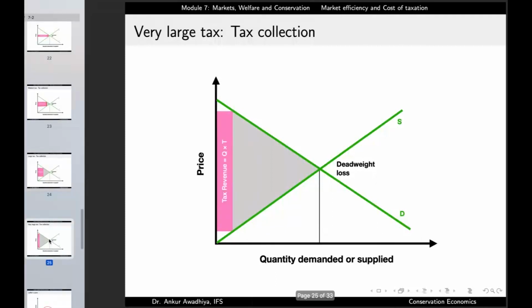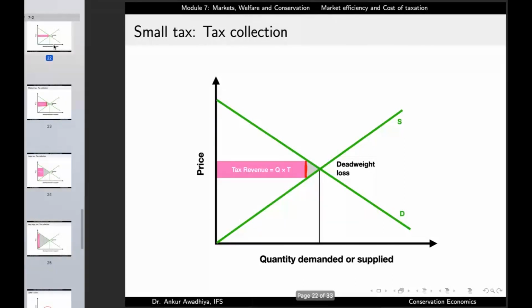Now, what will happen if T is increased even further? So now the tax size is very large, the quantity that is bought and sold is very small. So now Q is only this much, and the quantum of tax collected is given by the area of this pink colored rectangle. So what we are observing here is that this rectangle now has a very small area.